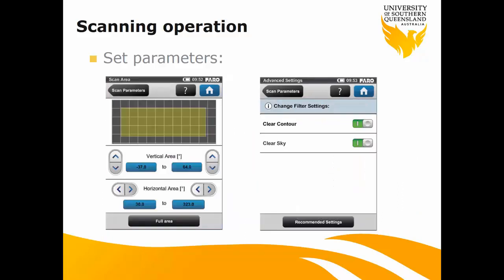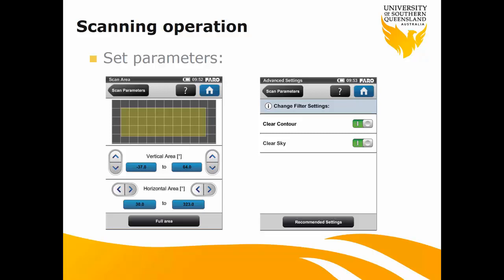The next one is to set the range. For most instruments, horizontally we can scan 360 degrees. There's no limitation for the horizontal range. Mainly there's a limitation for the vertical scanning.